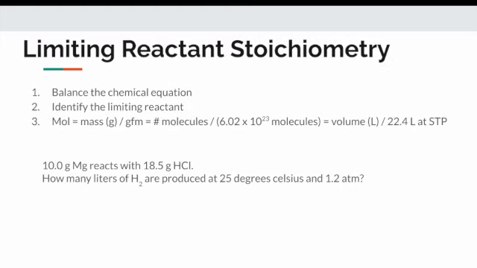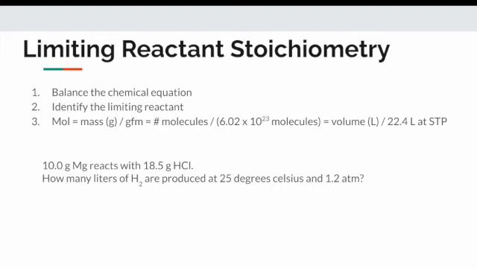Now, limiting reactant stoichiometry. This describes what happens when you have only 2 limited sources of reactant. So you don't have an infinite amount of one reactant, and then from there you can figure out your proportions. You're limited on both reactants in a chemical reaction.